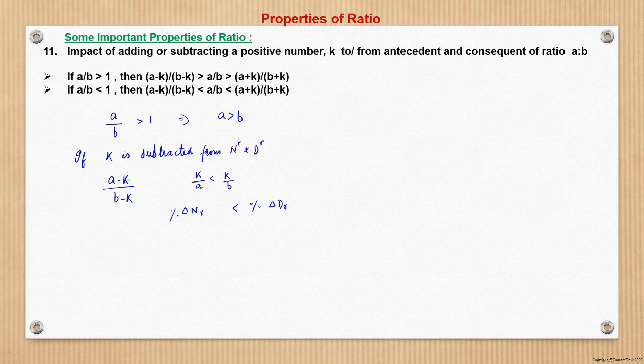This means that K is a quantity which is lower in percentage, so K is being decreased. So percentage decrease in numerator is less than the percentage decrease in denominator. This means that denominator decreases more. So the resultant ratio A minus K upon B minus K will be more than A by B, because denominator decreases more than numerator in terms of percentage.